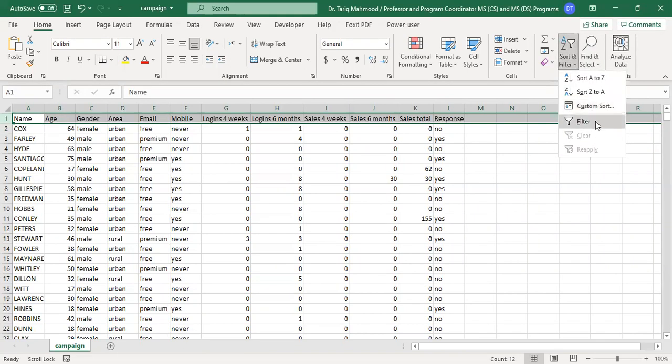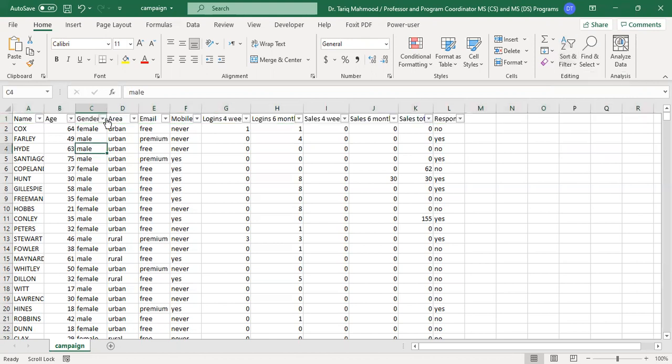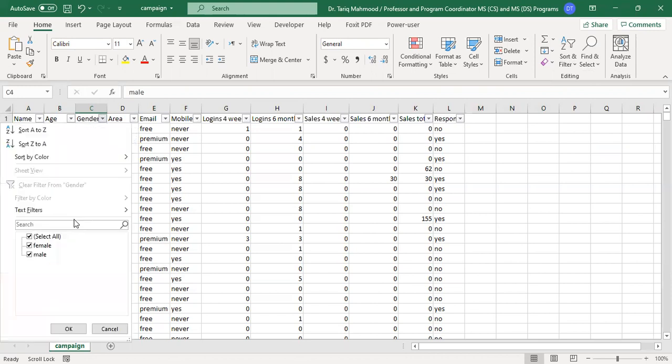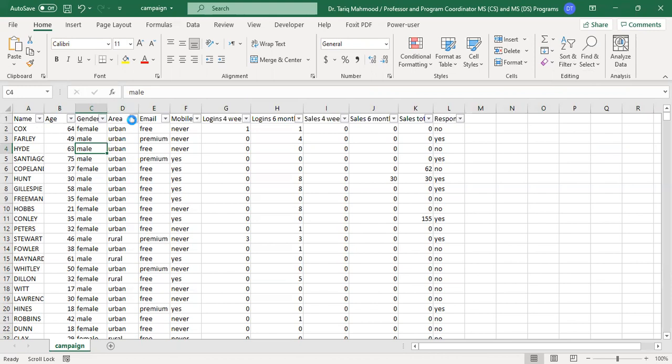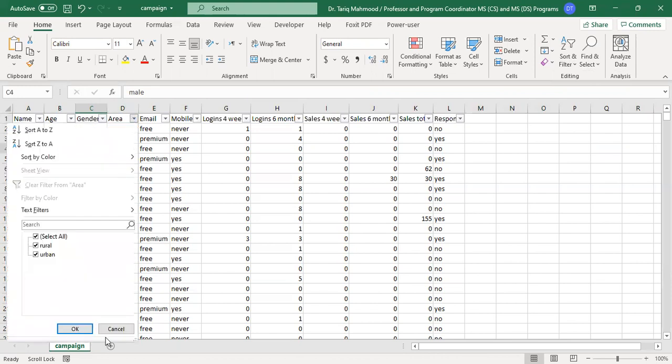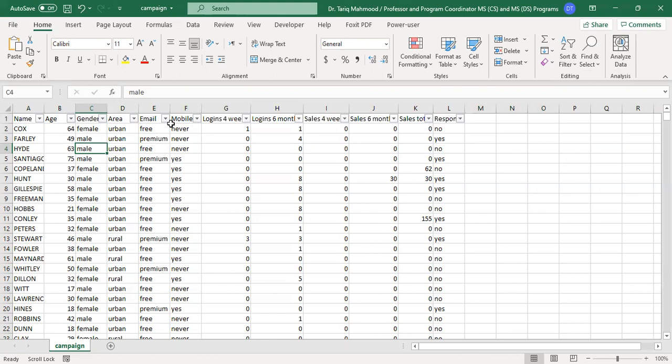So I can just put the filter, and then you can see the names. Names are going to be unique, I think, because one row represents one customer. So gender is male, female. This is obvious, and the area is rural and urban.